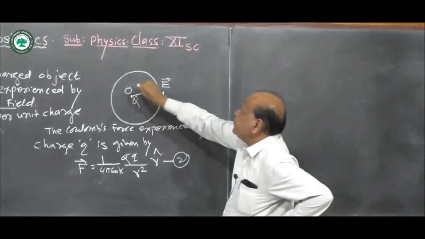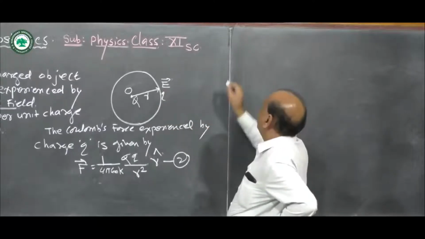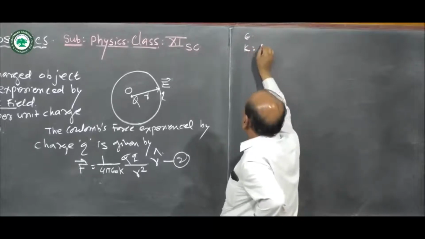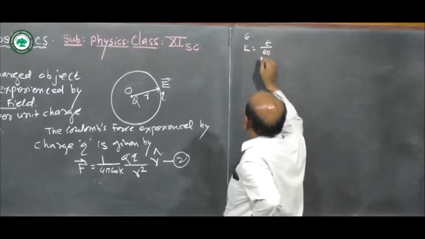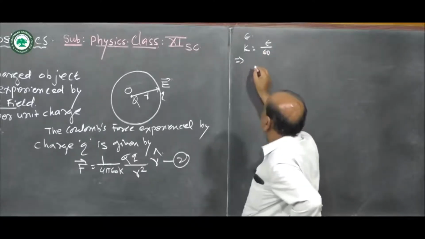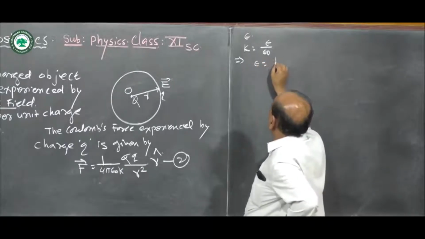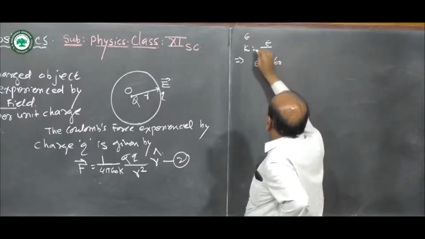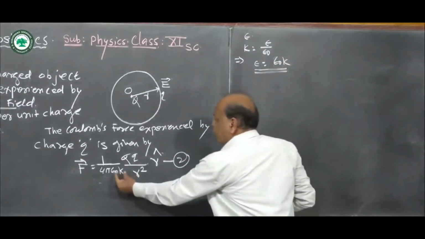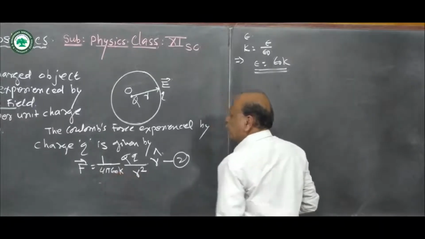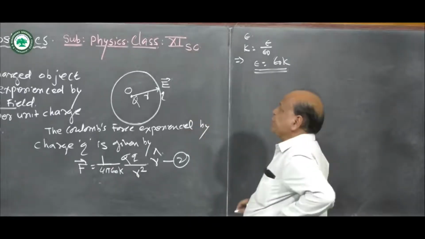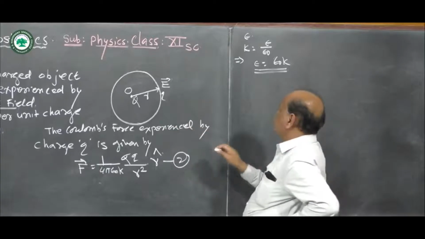Now we consider a medium of permittivity epsilon, and you know the dielectric constant K is equal to epsilon upon epsilon 0, and therefore epsilon is equal to epsilon 0 K. Instead of epsilon we write directly epsilon 0 K, where K is the dielectric constant of the medium in between these two charges.